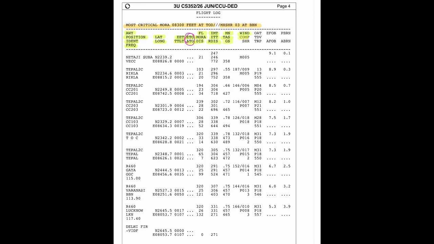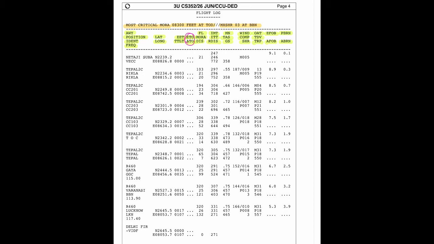Now this is the wind component, this is the shear value, OAT is outside air temperature, TDV means temperature deviation at this waypoint, and TRP means tropopause height. EFOB is estimated fuel on board, AFOB means actual fuel on board, PBURN means planned fuel burn, and ABRN means actual fuel burn.